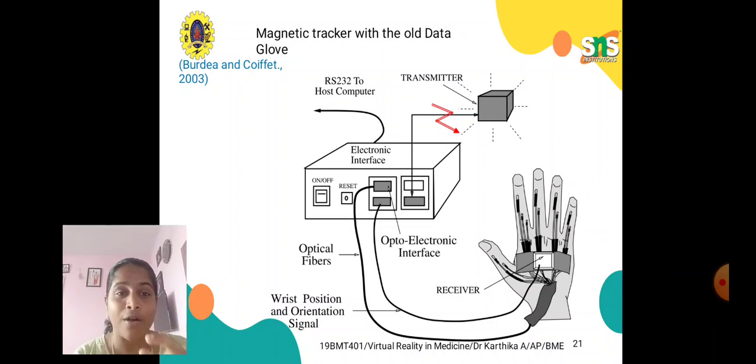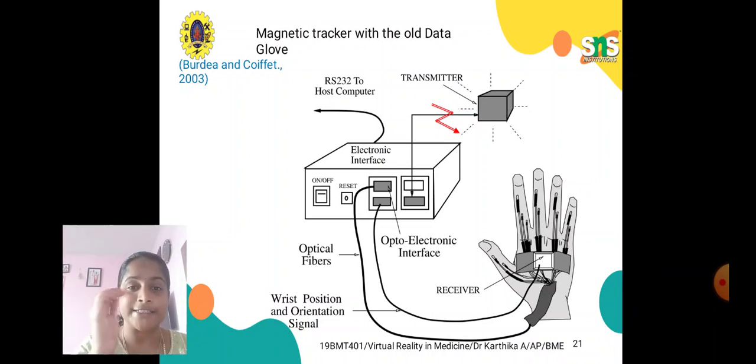Here we have optical fibers for connection purposes. So the optoelectronic interface is connected with optical fibers, and we have the wrist position and orientation signal, because it is a glove, a magnetic tracker with the old data glove. So we have the wrist position and orientation signal. This signal is passed with the help of optical fibers from the receiver into the electronic interface.